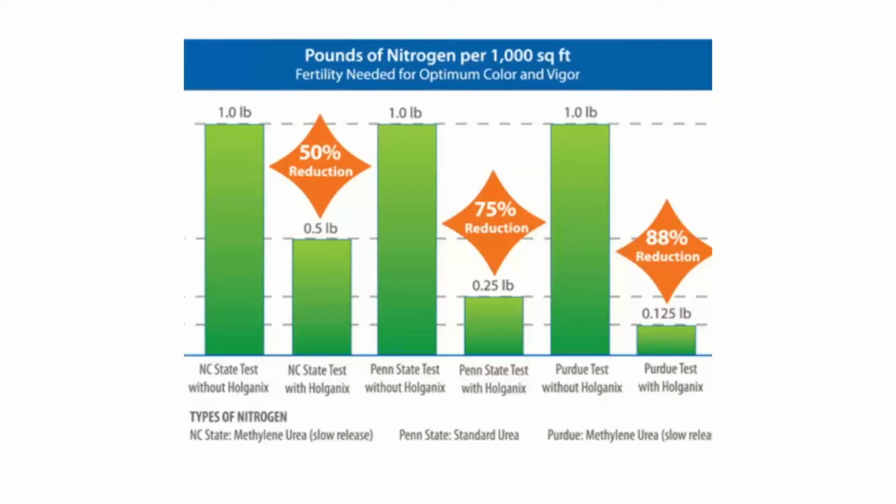NC State with using Bio 800 Plus found that you could do a 50% reduction in fertilizer and have the same result. Penn State was at 75% reduction, and Purdue was at an 88% reduction. There's some pretty remarkable numbers, even if you just take the NC State example at 50% reduction.